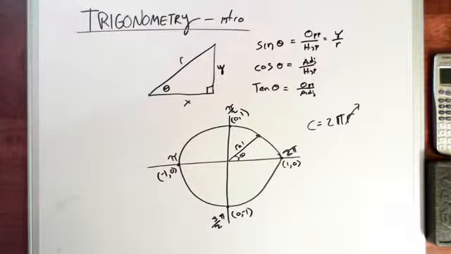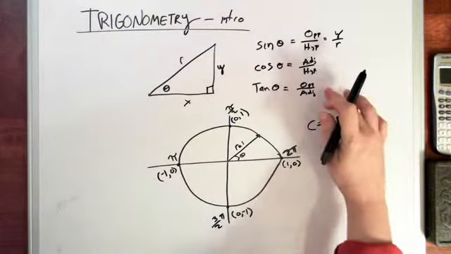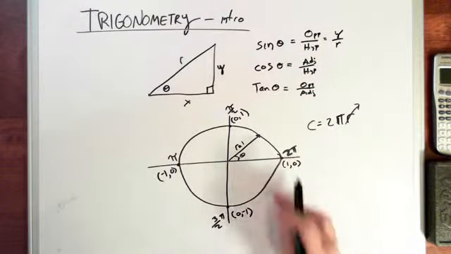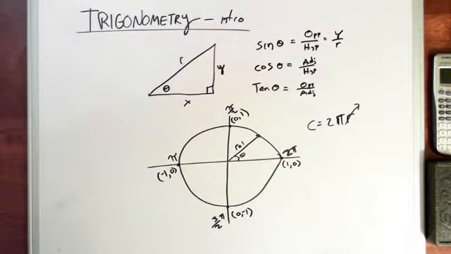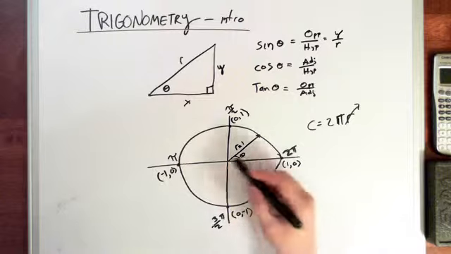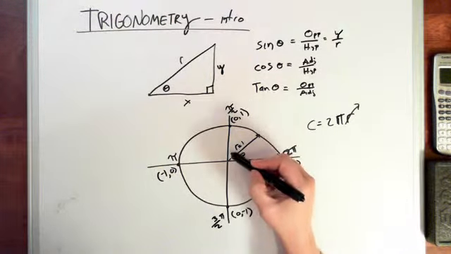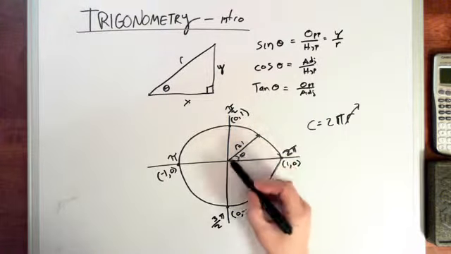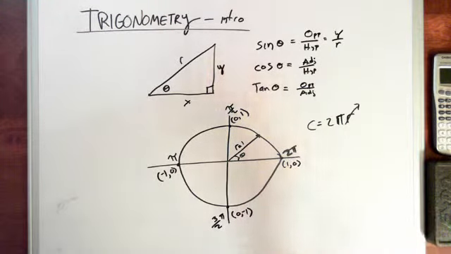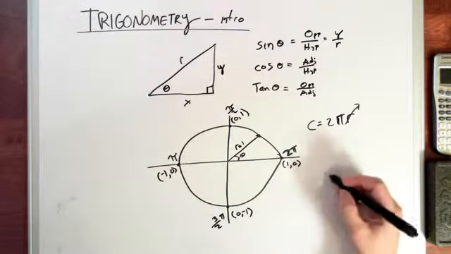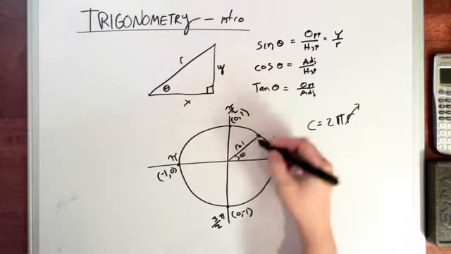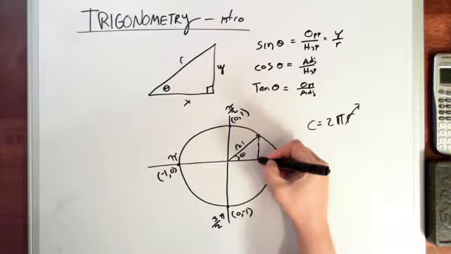Once we have this drawn out, we can also use these trig functions, these ratios, to figure out additional points on the unit circle. So let's look at this angle right here. This 90 degrees, if we're splitting that angle, let's call that 45 degrees. So let's draw this triangle.